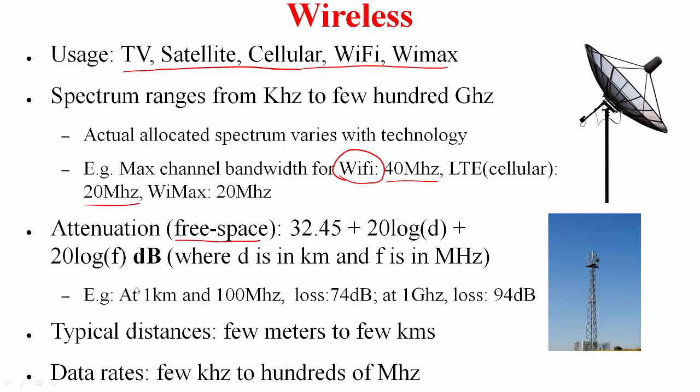For example, at 1 kilometer and 100 megahertz, the loss is about 74 decibels, and similarly at 1 gigahertz the loss is about 94 decibels. You can cover distances from a few meters to few kilometers, and the data rates you can support range from a few kilobits to hundreds of megabits per second.